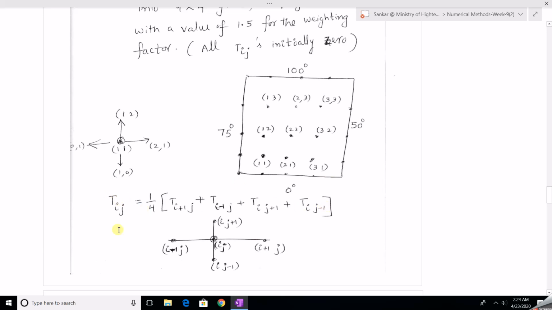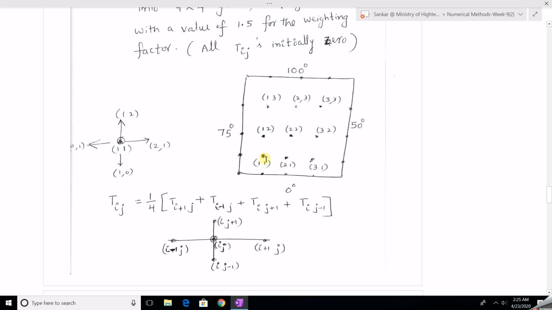So what is the meaning of this? If you want the temperature at 1,1, that is T11, I is 1, J is 1, it will be obtained by 1 over 4 times T of I+1, that is 2, T21, and T01, and T12, and T10.